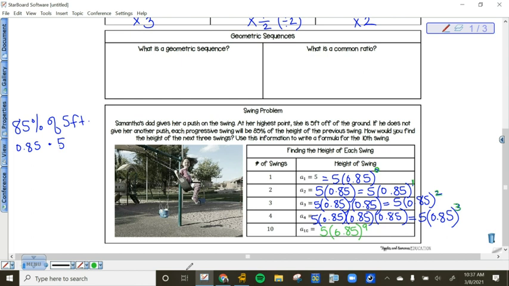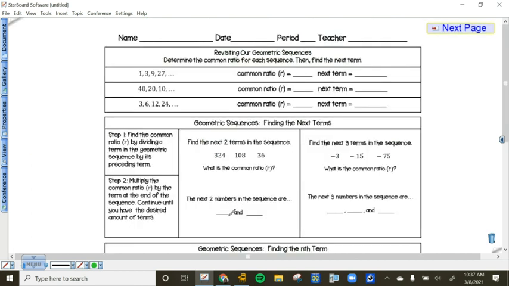Okay, let's go on. Next page. Okay, we can do this part really quick because we kind of already did it. So this first sequence we looked at, 1, 3, 9, 27. What was our common ratio there? Times 3, exactly. So our common ratio is 3. And so what would the next term be?